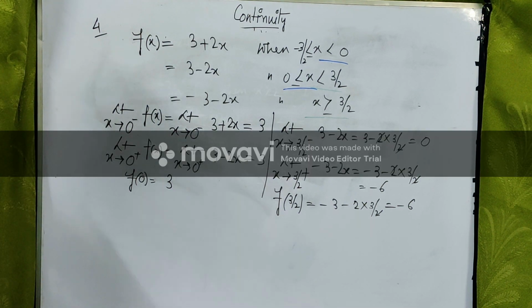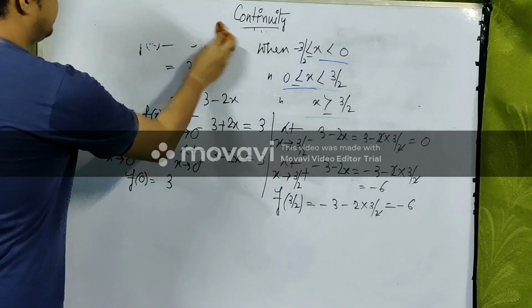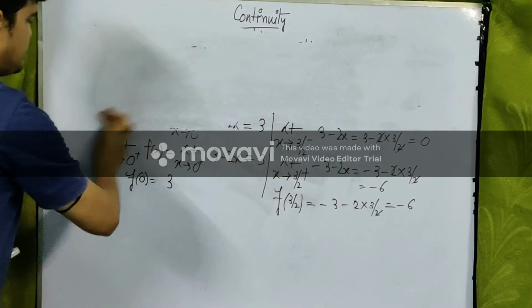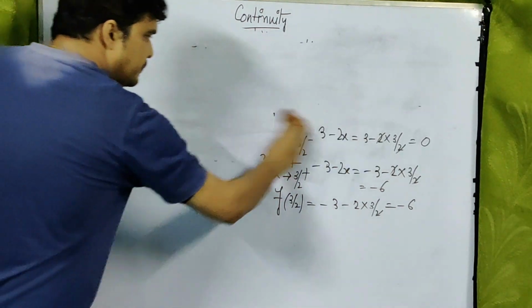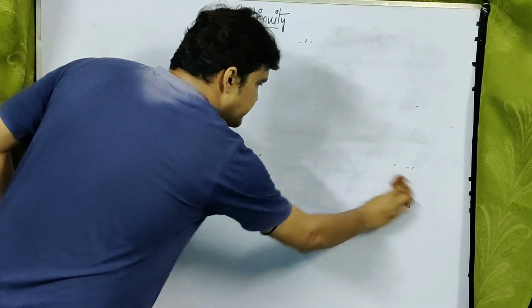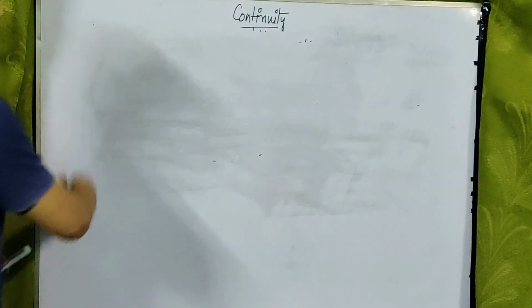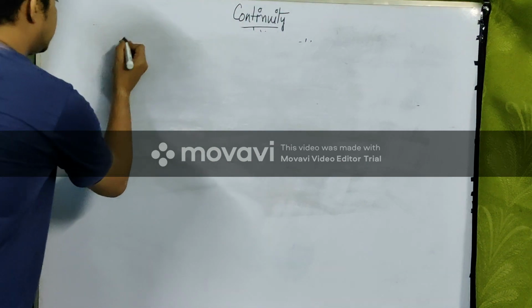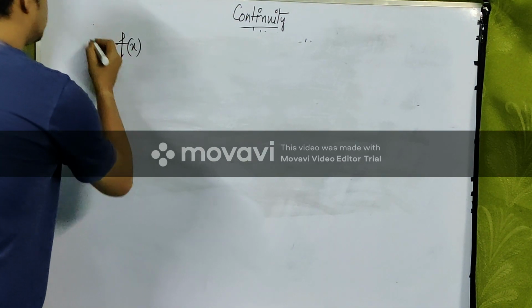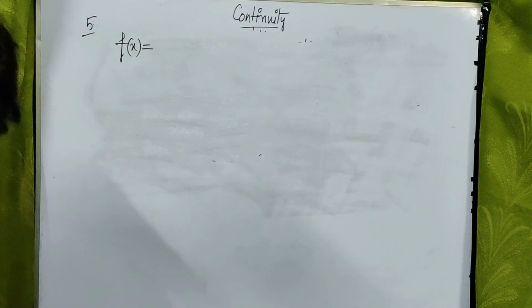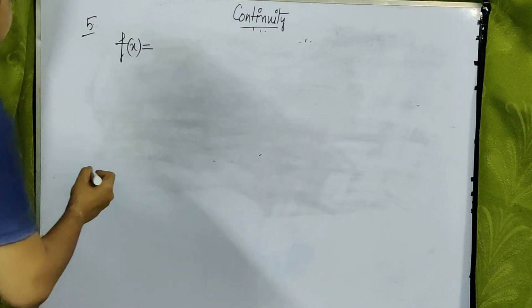Next question. Okay, here we have a function f(x), question number 5, f(x) equals x square minus 1 by x cube minus 1.